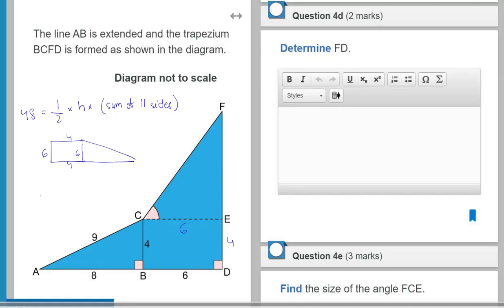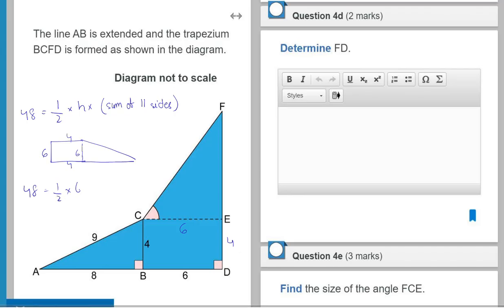So, can we say that 48 equals 1 over 2 multiplied by 6 multiplied by the sum of both parallel sides. So 4 plus FD, the entire value of FD, right?